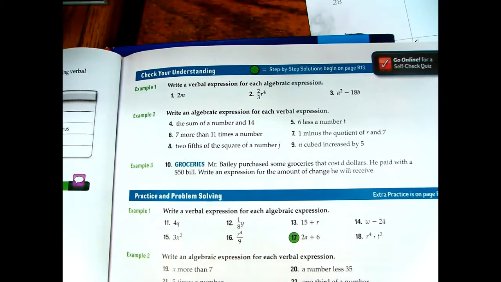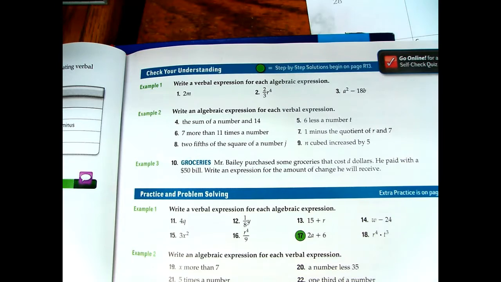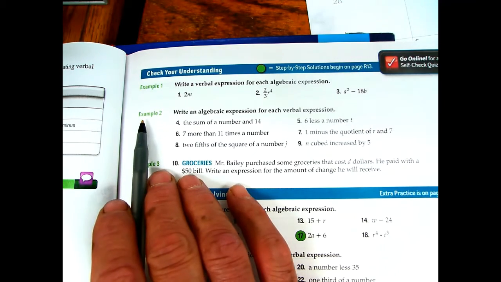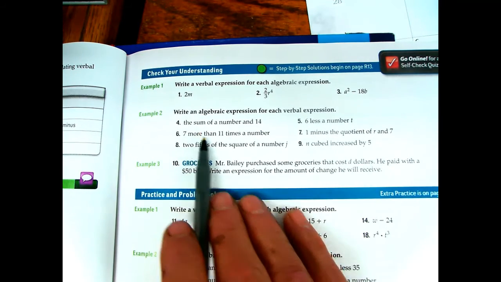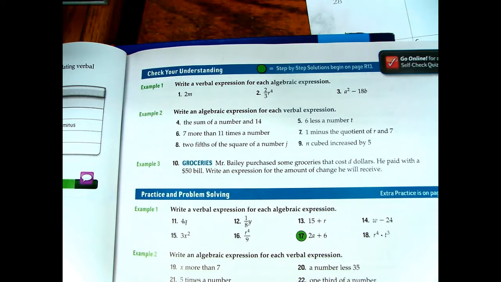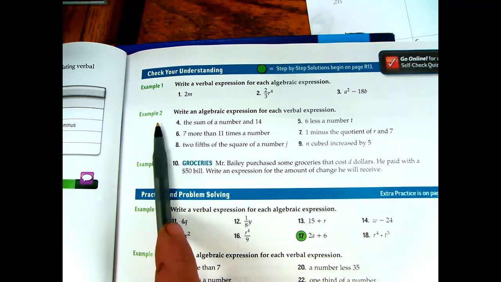Example 2. That's the way this book works from beginning to end. If you're confused, you look over to the side, see what example gives you help for the series of exercises that you're working on. Go look at it. And the work that you're to do is going to be very much like the work they do in the example.